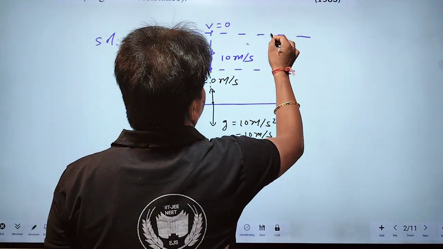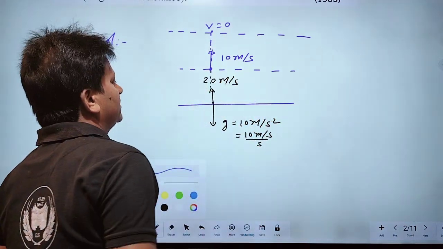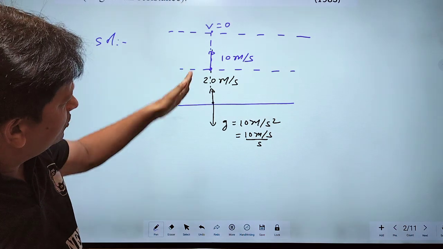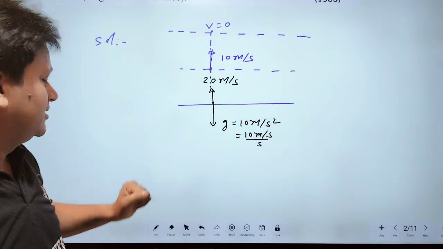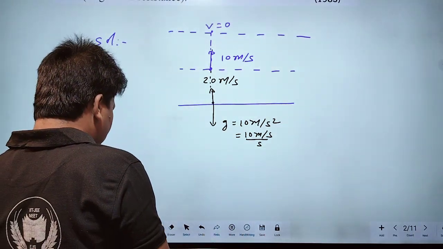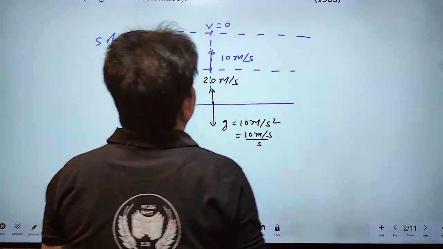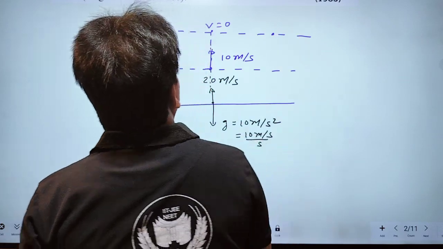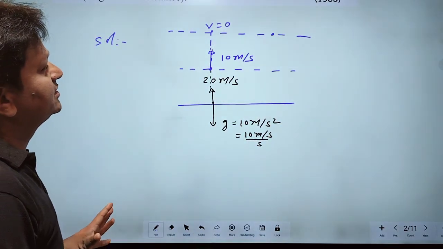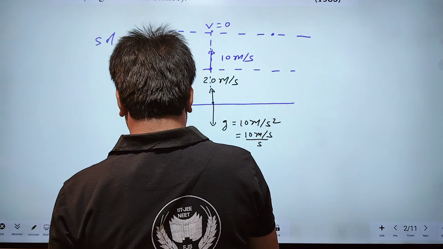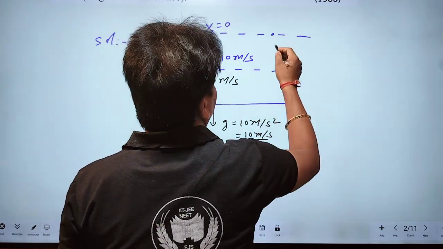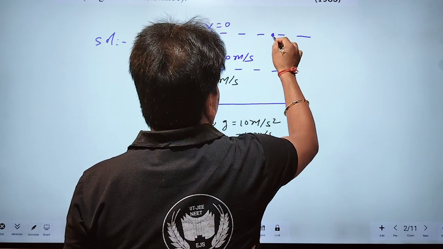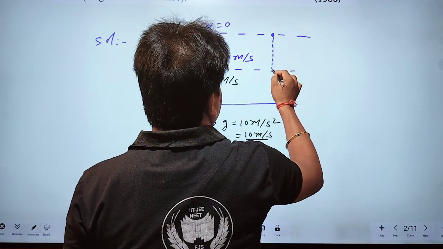Actually, the particle moves down on the same line, but for clear visibility, I show this motion on this line. The particle moves in the downward direction.